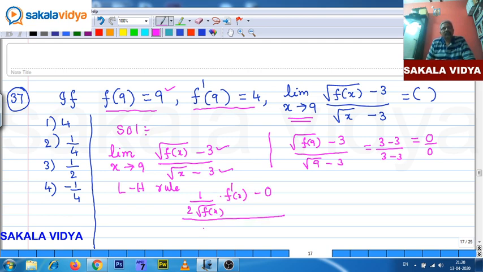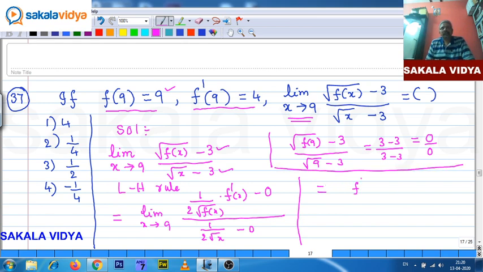In the similar manner, root x differentiates to 1 by 2 root x, minus 0. This equals limit x approaches 9 of f dash x by 2 root f of x into 2 root x by 1.